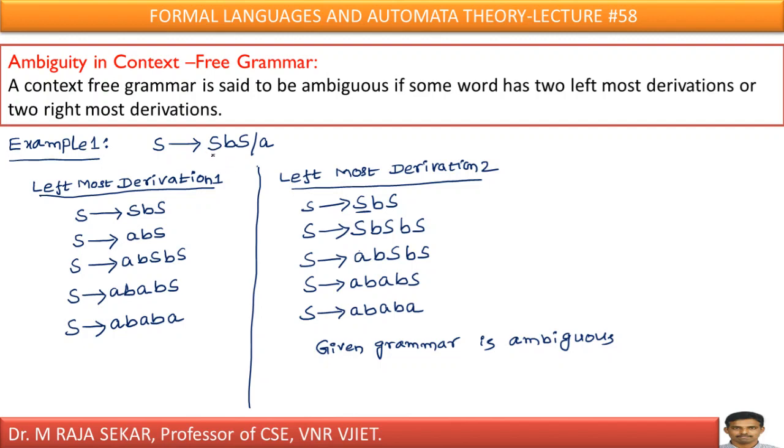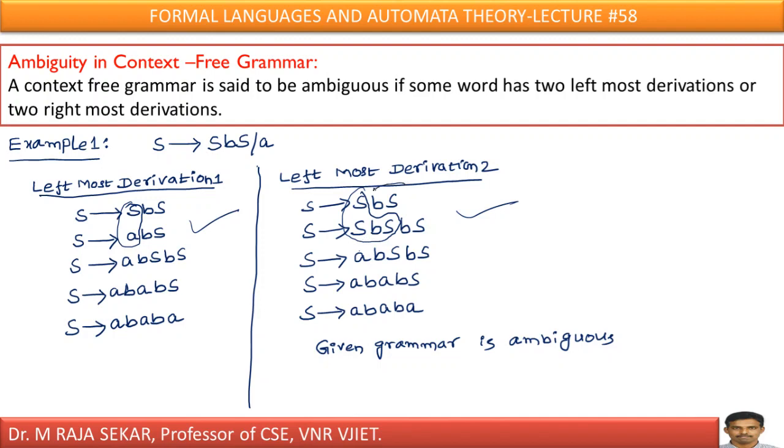In the place of S, either I can write SBS or I can write A. But whereas in the previous derivation, in the place of S, we have written A, here let me write SBS in the place of S. Yes, in the place of S, I am writing SBS, whereas in the first derivation, I wrote S goes to A. This one is also a leftmost derivation.